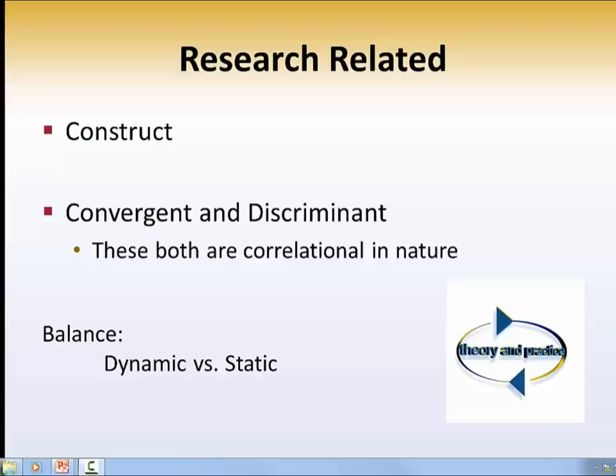So, within dynamic balance, they tend to converge. They correlate highly. Within static balance, they tend to converge. They correlate highly. But across dynamic and static balance, they correlate very low, so they discriminate amongst those kinds of variables where you think that they have different constructs underlying them.